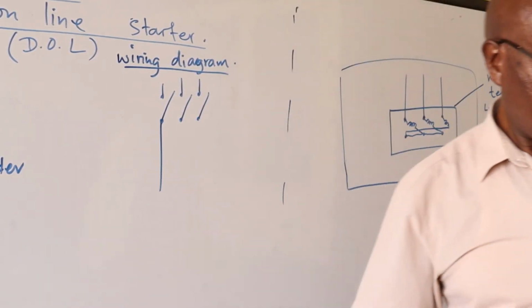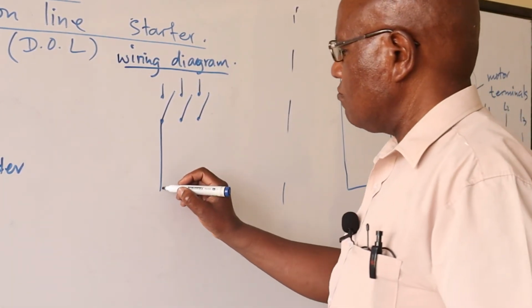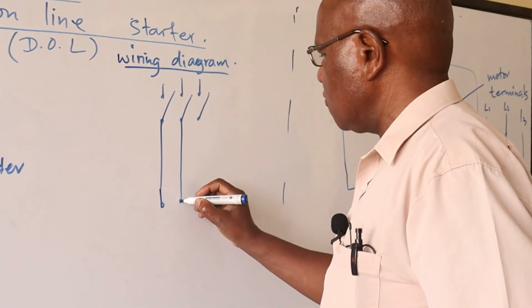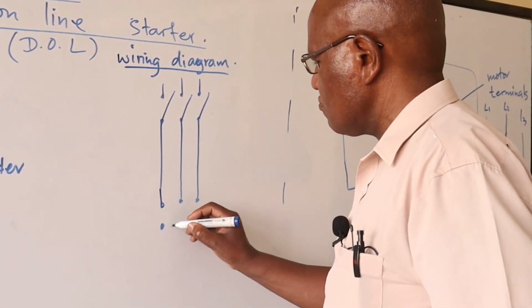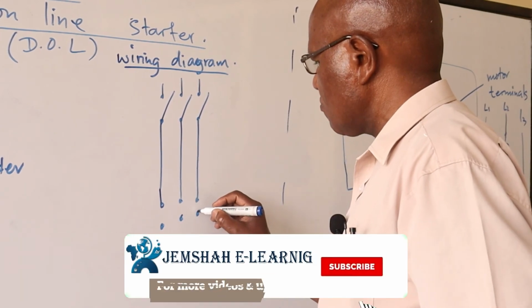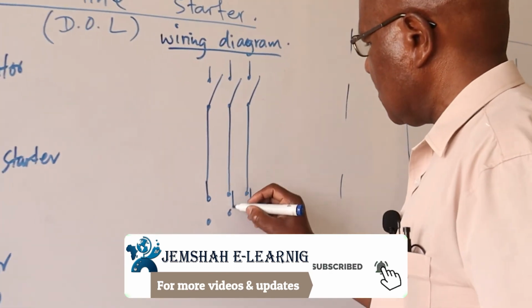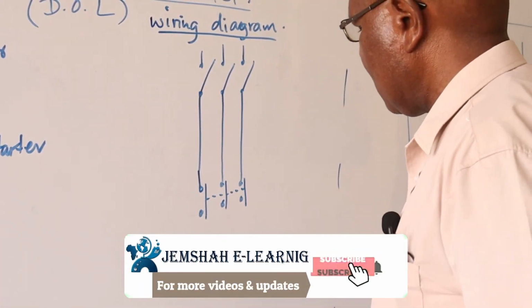Then from the isolator, I come to the contactor, the one which will be doing the switching. Now the contactor will be having terminals like that one.